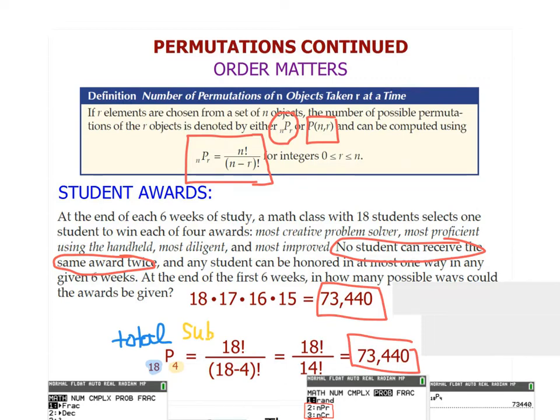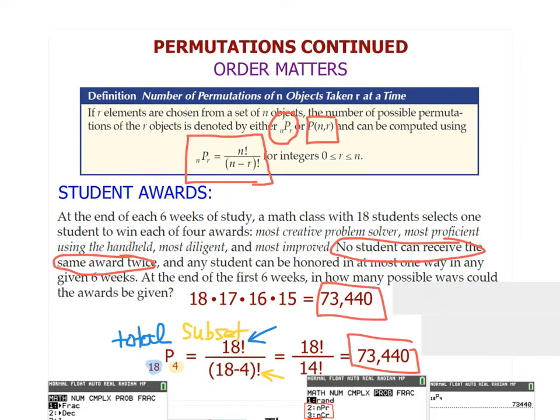In other words, in this example, we have 18 total students, but we're choosing a subset of 4 awards. The total is always the number that goes in the numerator, so this represents your total. Then, when you do the denominator, you want to take that total minus the subset.